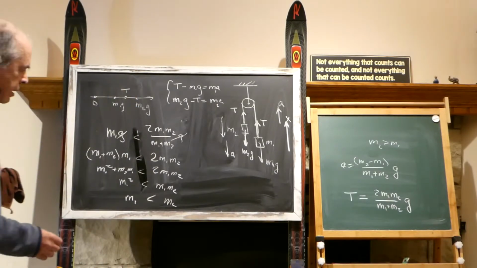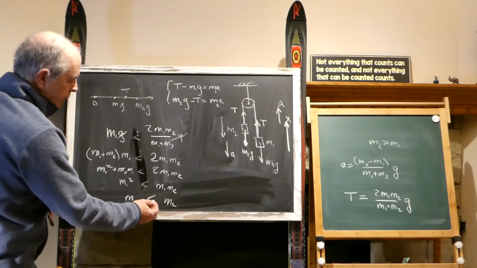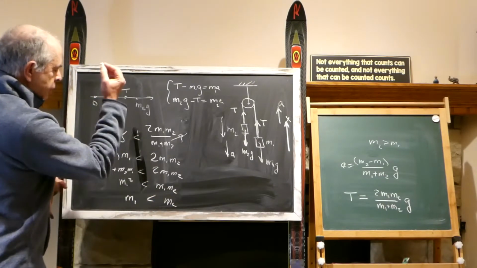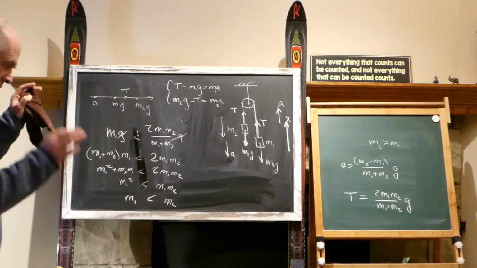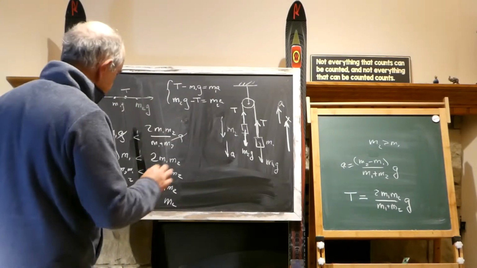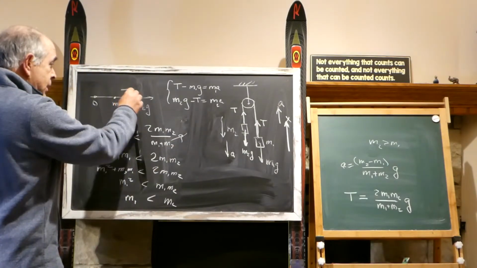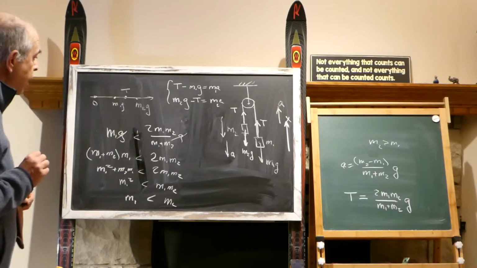And of course, if they were equal to each other, it would be an equal sign, but let's forget it. We already talked about equality. We know that M2 and M1 are not equal, and that means T is really bigger than M1G, which is nice.